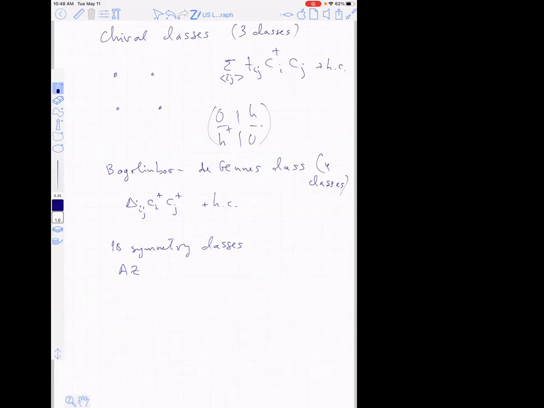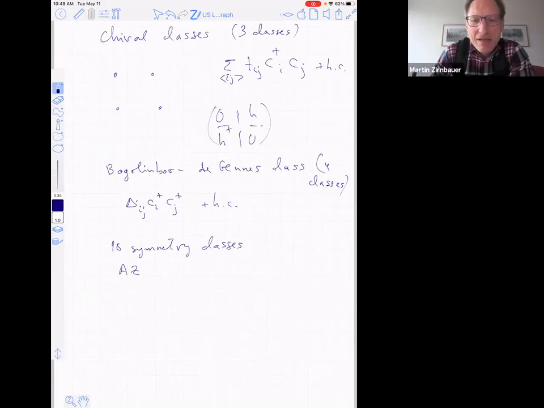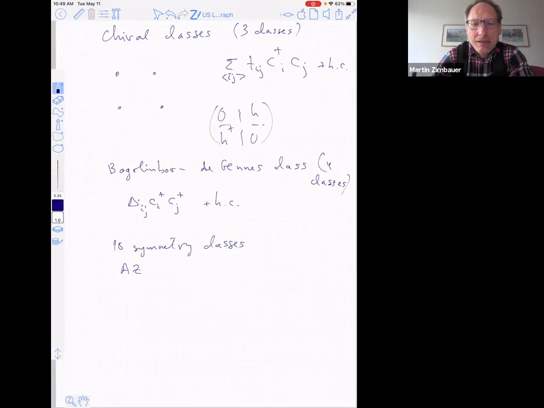I don't know if Martin wants to add anything. Just one sentence. There are 10 targets, and each of them has the potential for a critical point. Whether this really happens or not is a matter of dimension. But in principle, you have these 10 targets. So that's the playground to work with.